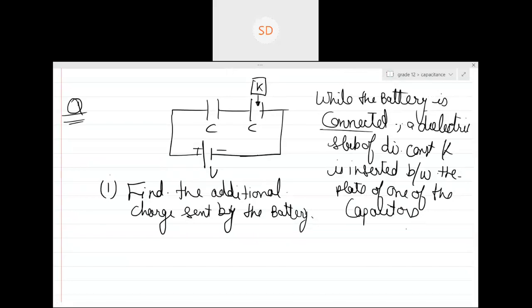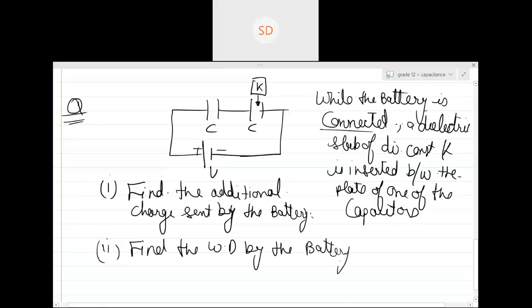It should be greater than 0. Let me check. I don't know. Find the additional charge sent by the battery. Find the work done. Guys, 2 minutes. Let me just frame the question once.